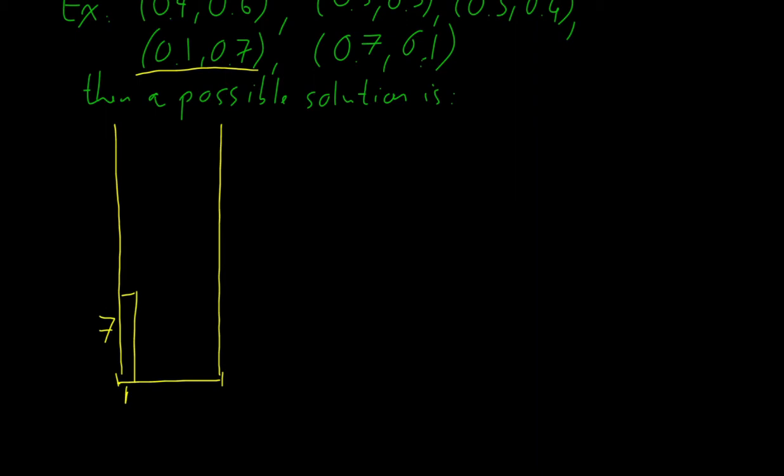And then we still have a total width of 0.9 left. And coincidentally, 0.4 plus 0.5 happens to be 0.9 as well.